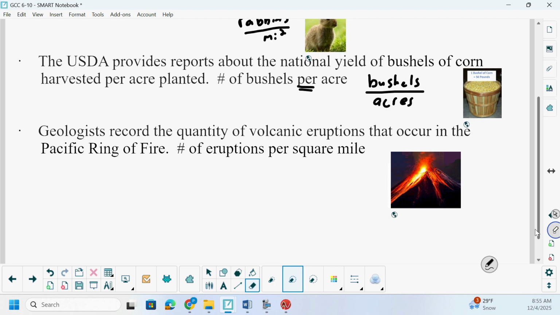And if you want to study volcanic eruptions and you want to know the eruptions per square mile, again, per means divide. So you'll just do your eruptions number divided by miles squared. So the units actually tell you the operation you're going to do. It's going to tell you to do what divided by what.